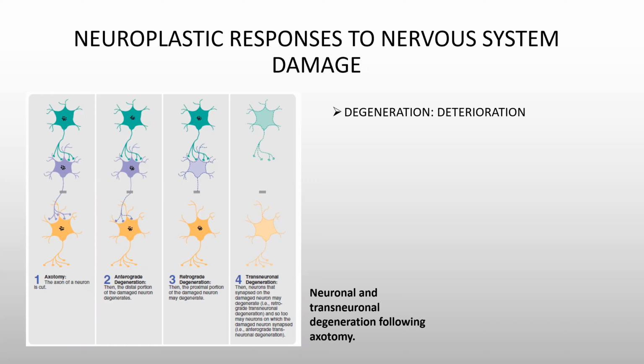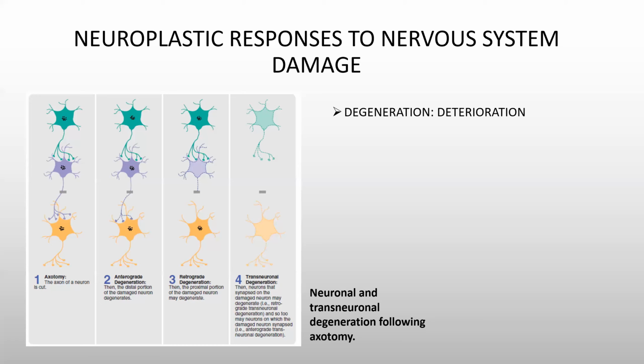So the axon of the purple neuron has been cut. Number two, you see the distal portion of the damaged neuron degenerates. So the distal part of the axon and the axon bulbs is now a dotted line. So that's starting to die off. And number three, then the proximal portion of the damaged neuron may degenerate. So now the purple neuron itself is completely dying.